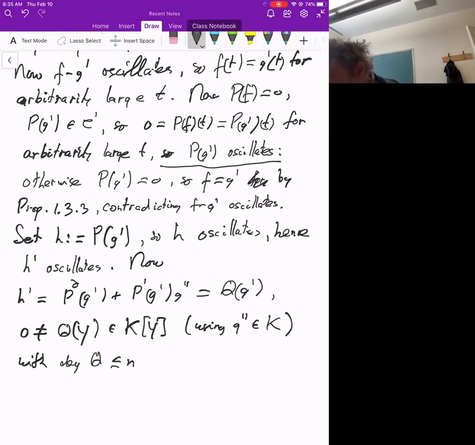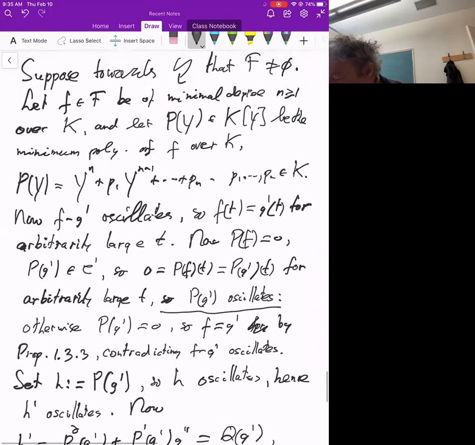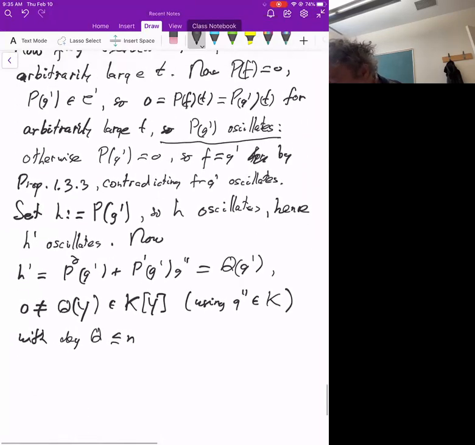Well, certainly if you take P prime here, the degree in Y goes down. So that is not a problem. And G double here is in itself in K. Here you have to pay a little bit of attention. Here you use that P is monic, right? P is this monic polynomial y to the power n. In other words, if you take P delta y, the first term disappears. You end up with P1 prime y to the n minus 1 plus dot dot dot Pn prime. And that means that the degree goes down by 1.